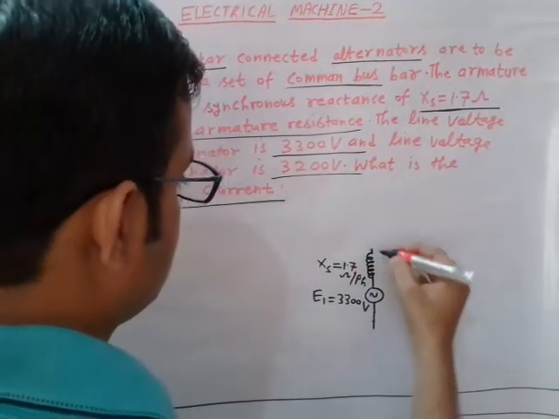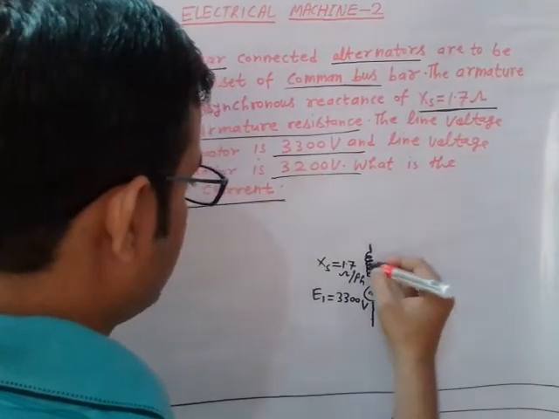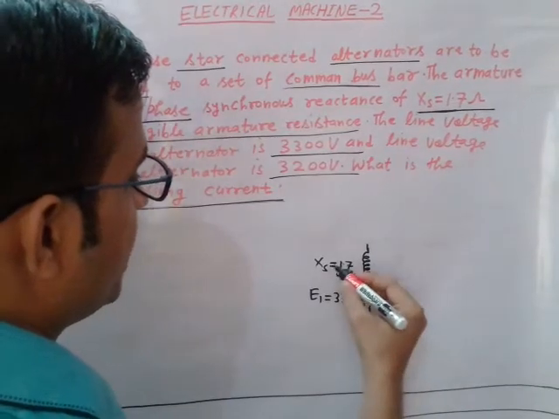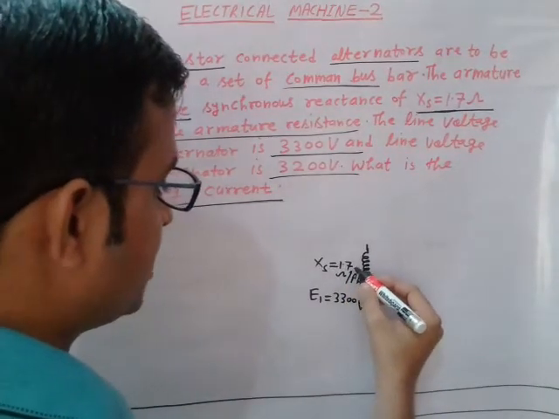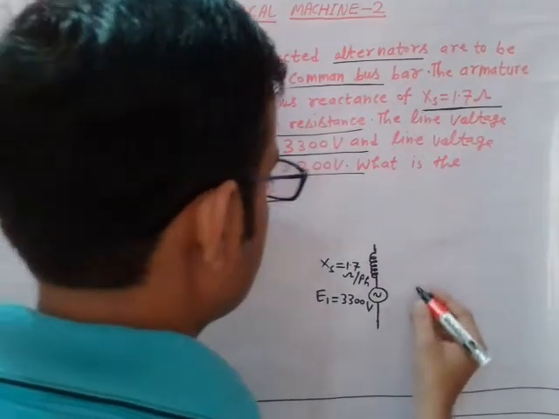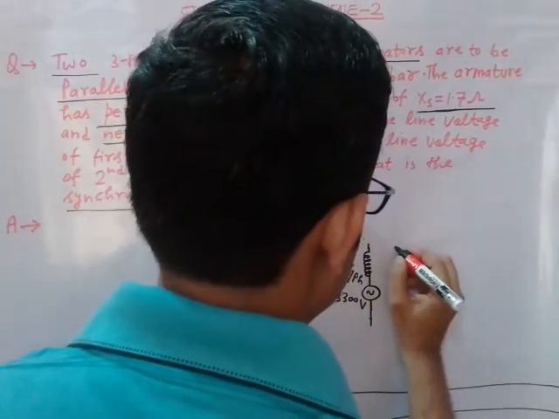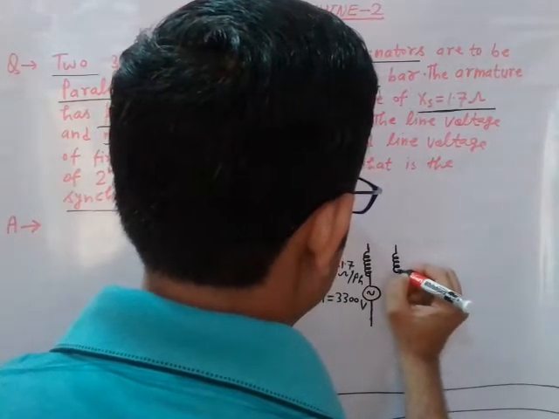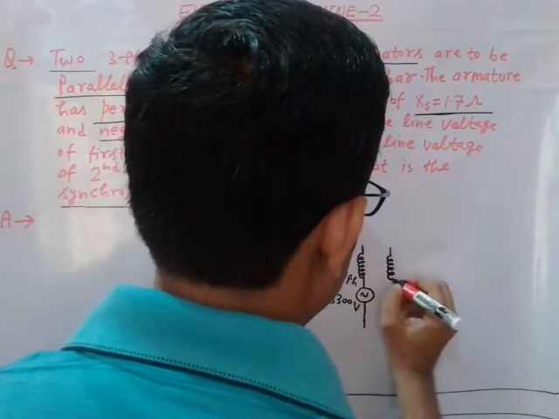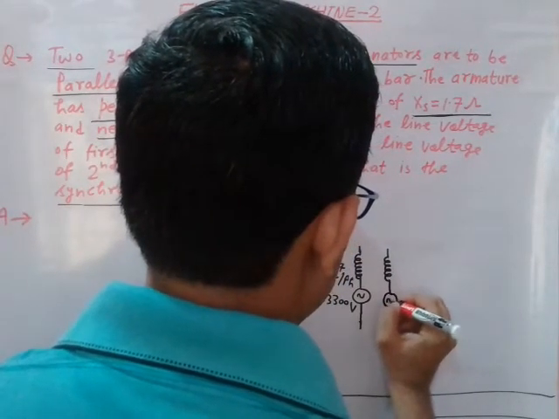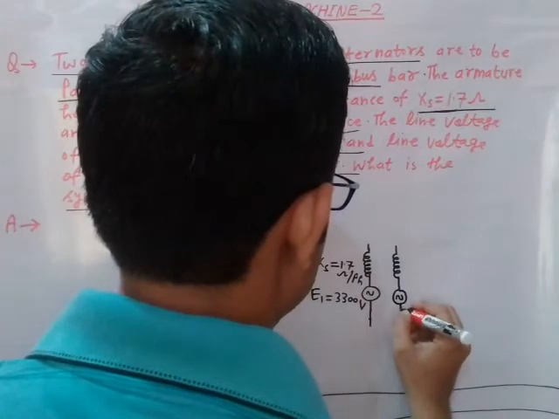So I have drawn this one alternator with line voltage of 3300 volts and synchronous reactance of 1.7 ohm per phase, right? Like this, there is another alternator. Alternator is basically a synchronous generator.